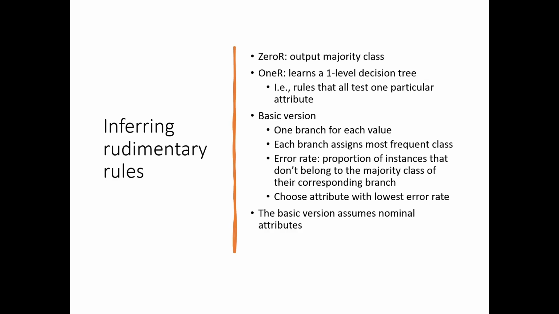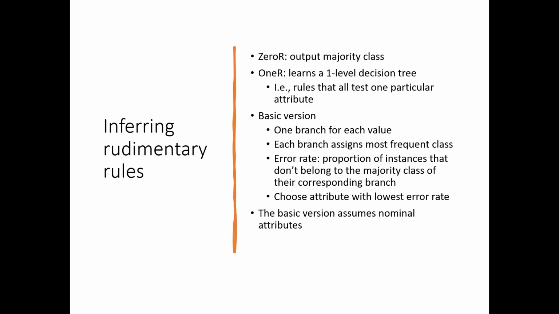Let's move to the second algorithm, which we call OneR. OneR is usually called a single level decision tree. You can think that one depth is enough. How does it work? You go through each and every attribute, one at a time. For example, Outlook has 3 branches: sunny, rainy, and overcast. For each of these you look at the class label, and then you use the most frequent value to make a rule.